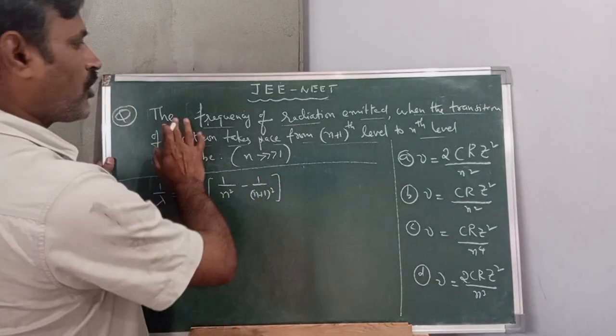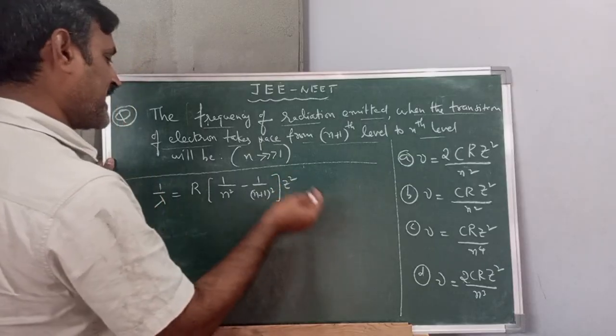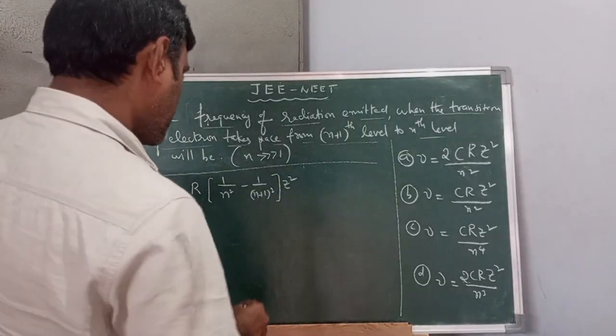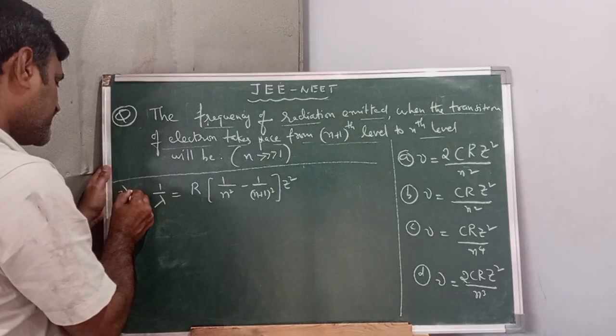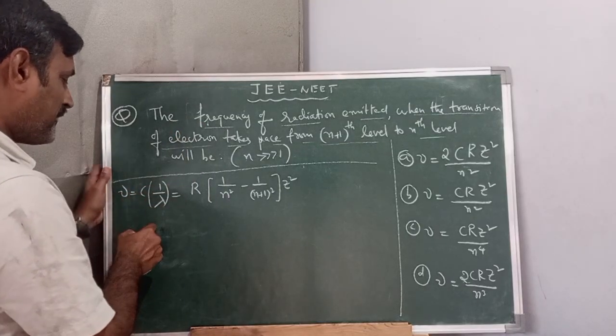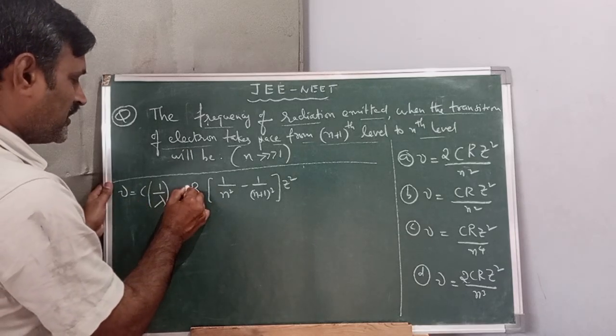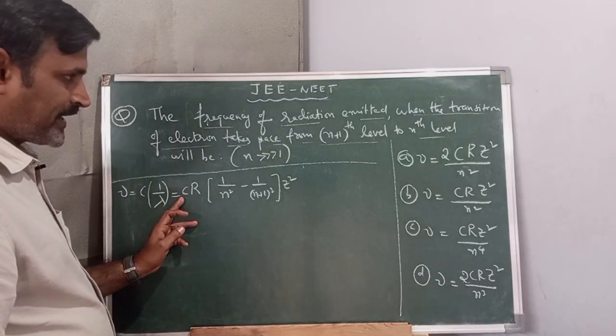And since it is not only hydrogen, we can include Z square as per the Rydberg equation. And if you want to find the frequency, then frequency nu is equal to C by lambda, so we introduce C, the velocity of light, here.